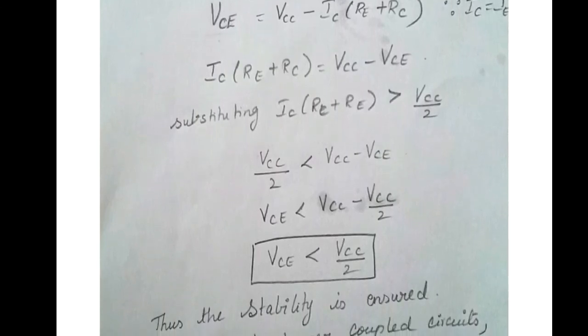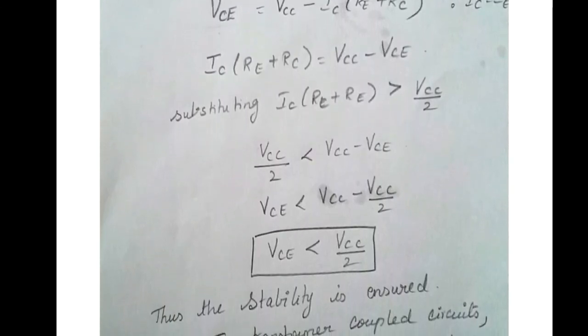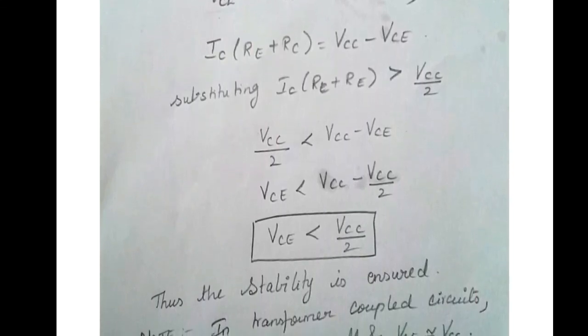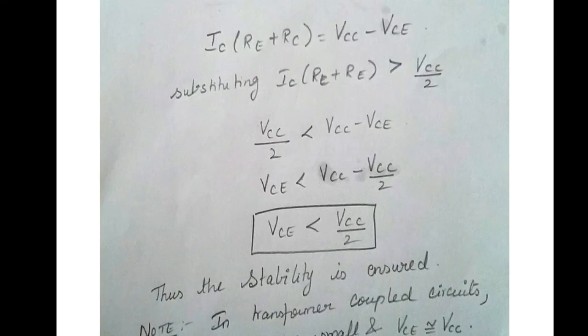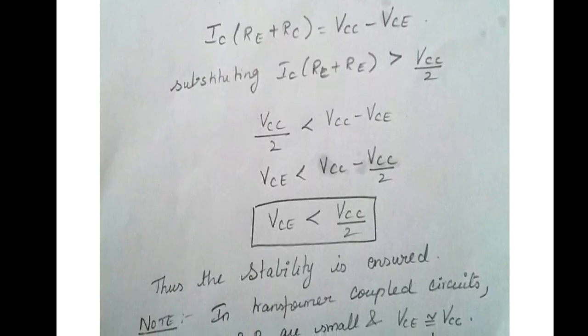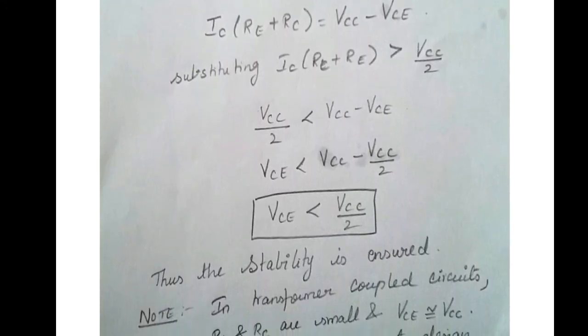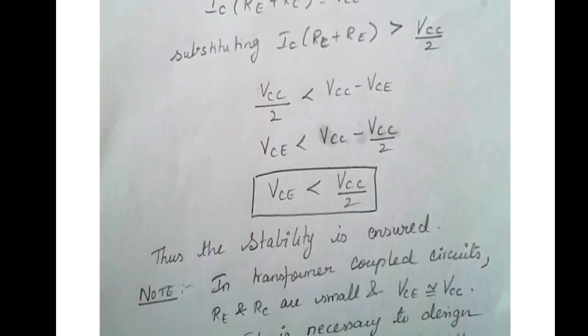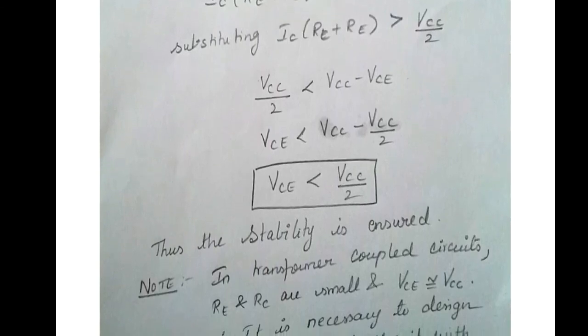Substituting this, with IC into RC plus RE less than VCC by 2, we get VCC by 2 less than VCC minus VCE. So VCE is less than VCC minus VCC by 2, so we get the collector emitter voltage as VCC by 2.